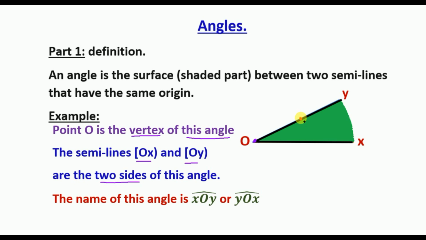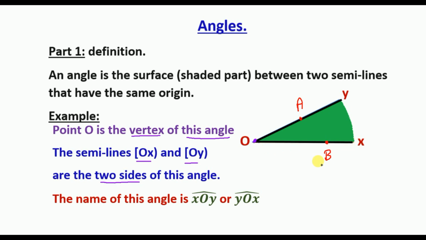Now if I choose a point A on OY and a point B on OX, wherever I want, OA and OB don't have to be equal in length. I will notice here that the semiline OY is the same as the semiline OA. When I say semiline OA, it means the line starting with point O, passing through A and unlimited from this side.